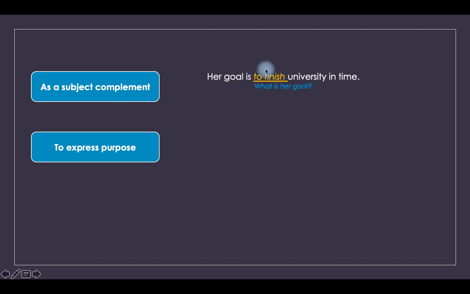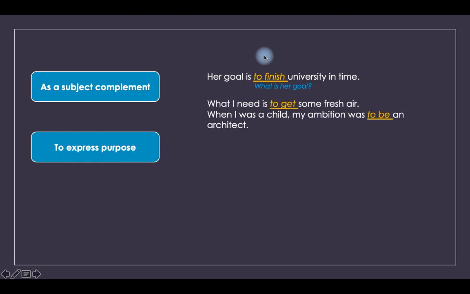That's a subject complement followed by the verb to be. What I need is to get some fresh air. When I was a child, my ambition was to be an architect. Küçükken benim hayalim mimar olmaktı.